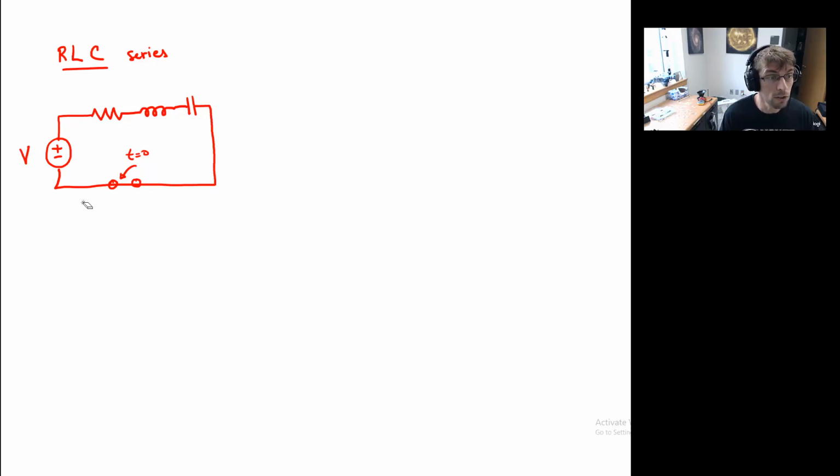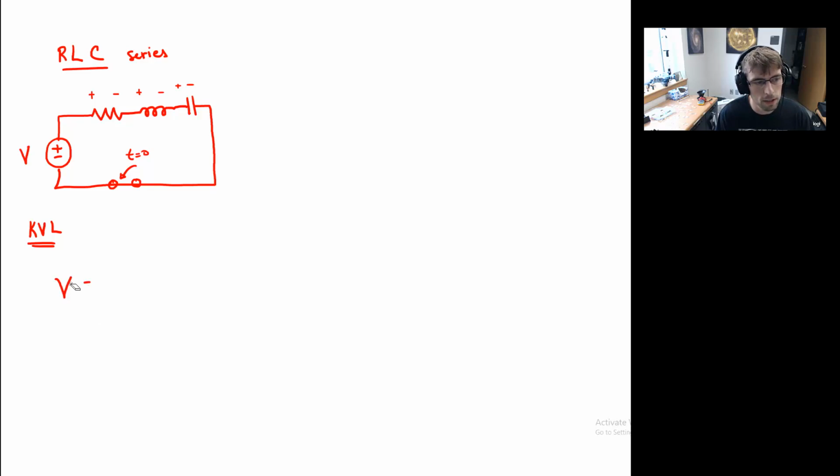Well, KCL is not going to do us very much good, right? We only have one loop, so we're out of luck there. But when we apply KVL, since our inductor, our capacitor, everything is uncharged, all three of these circuit elements are going to act like drops when the switch is closed. And so I can write my KVL equation.